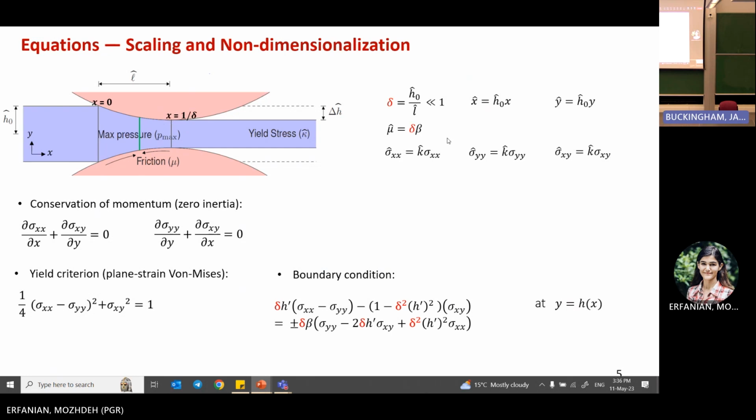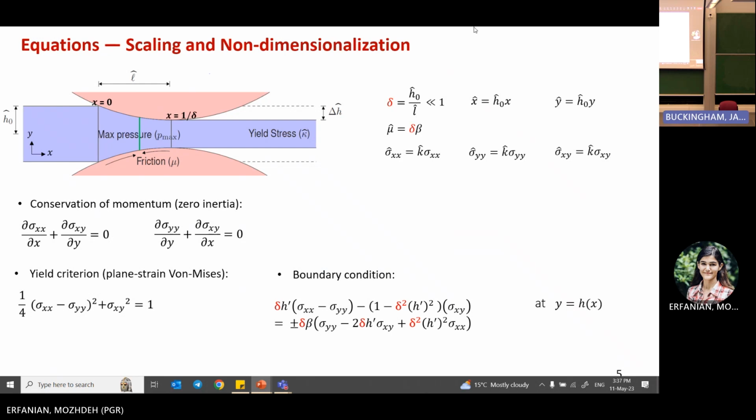We also non-dimensionalize all the stresses with kappa, the yield stress. We also introduce delta, the ratio of the initial half thickness to the length of the roll gap, to be much smaller than 1. This is actually the second handle we use to make the equations simpler and find the solution analytically.